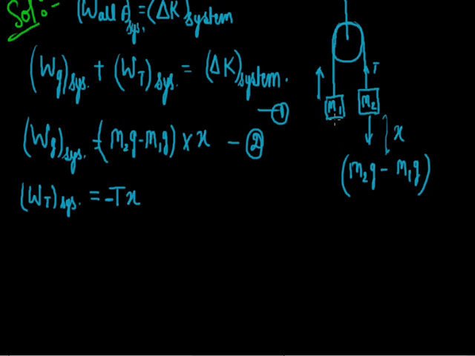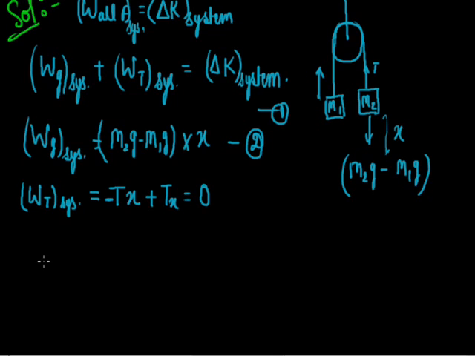For the mass m1, the displacement is upward and the tension is also upward, so plus Tx, and the total will be 0. So the work done by tension on the system equals 0.